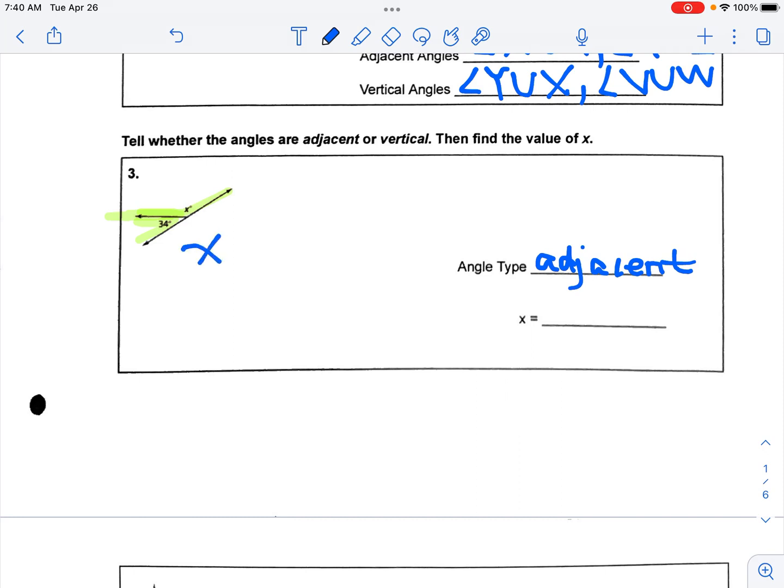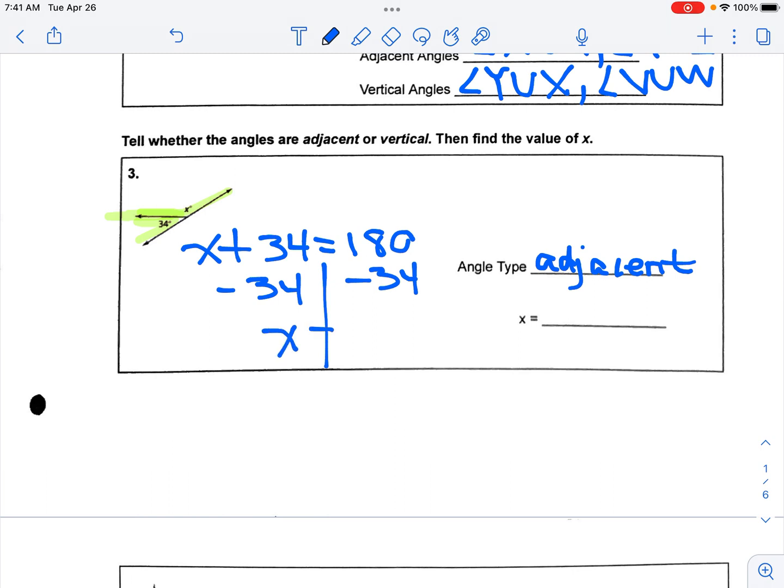So your equation should say X plus 34 equals 180. This is a one-step equation, so you're going to subtract 34 from the left, subtract 34 from the right. X equals 146 degrees.